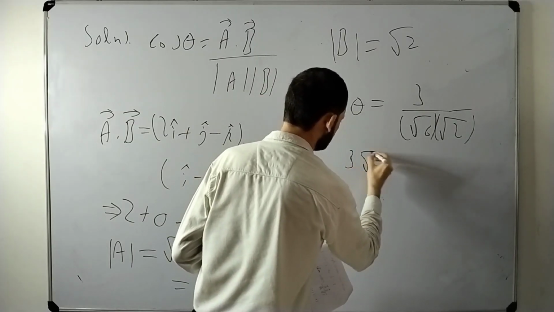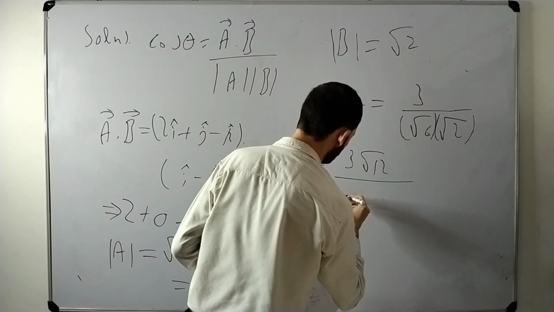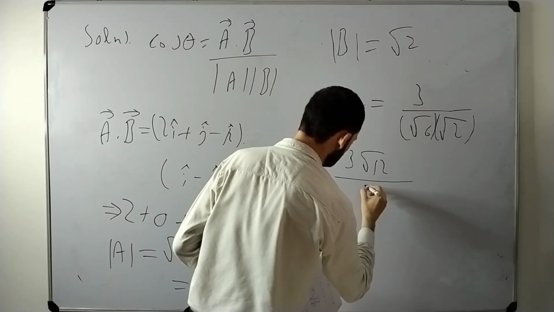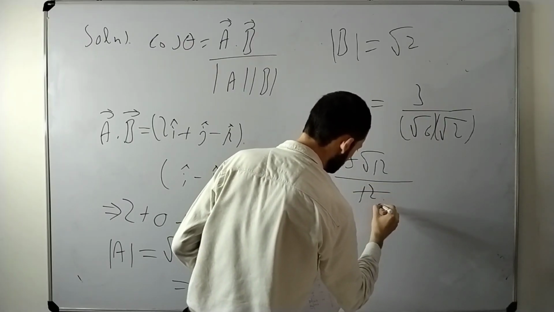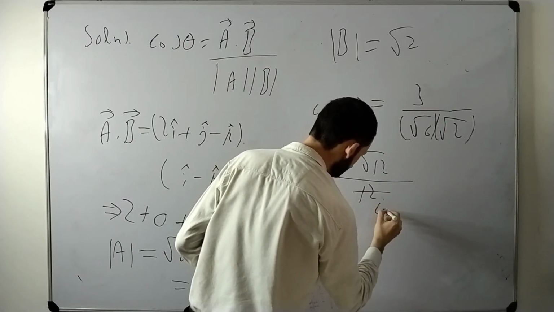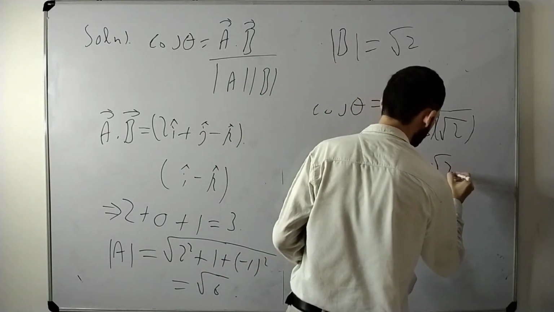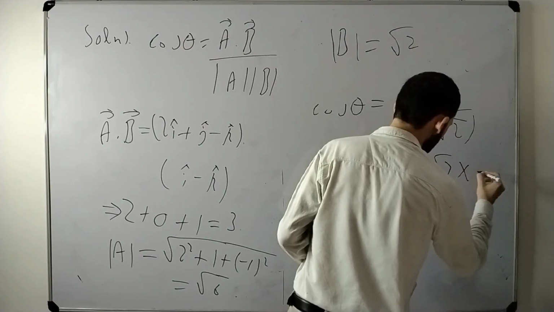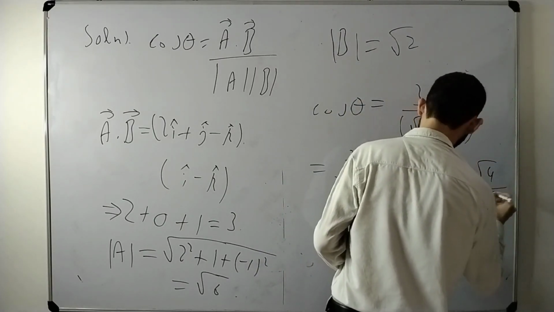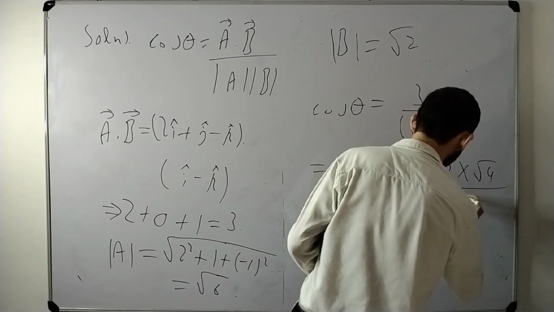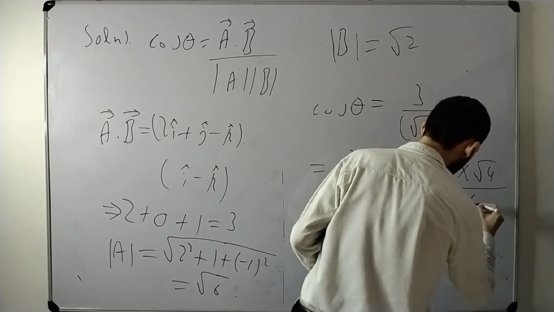So 3 under root 12, and what should I write here? 12 is again coming out to be what? 4 times 3, so under root 4 times under root 3.